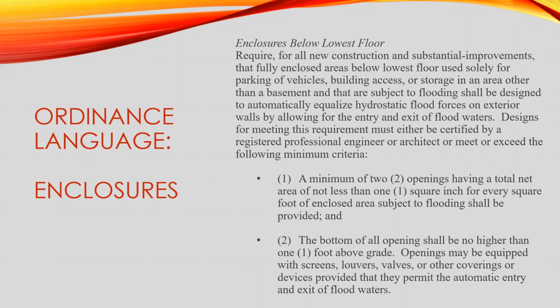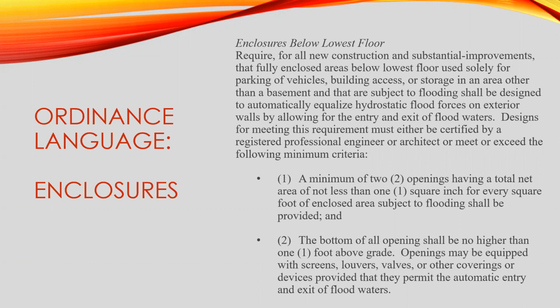And so basically, if you have an elevated residential structure with an enclosure, so that's either a partial or full story enclosure, or we'd be talking about a crawl space, that it would have a minimum of 2 openings on 2 different walls, having a total net area of not less than 1 square inch per every 1 square foot of enclosed space. And so we call that the 1-to-1 ratio.